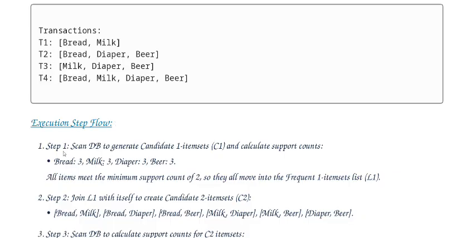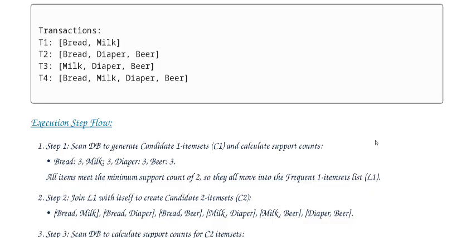Among them, first we scan the database to generate the candidate 1-itemsets C1 and calculate the support counts. Bread, we got 3 times: T1, T3, T4. Milk, 3 times: T1, T3, T4. And next beer, 3 times: T2, T3, T4. All itemsets meet the minimum support count of 2, so they all move into the frequent 1-itemset list L1.